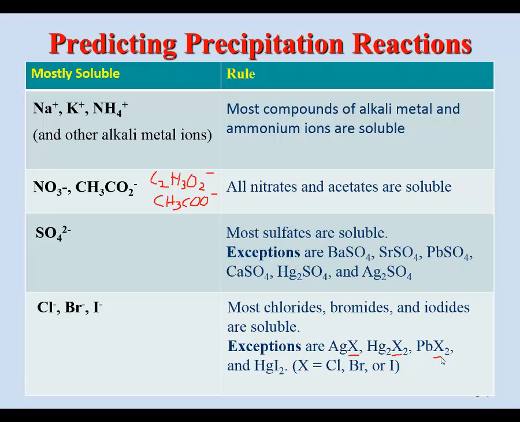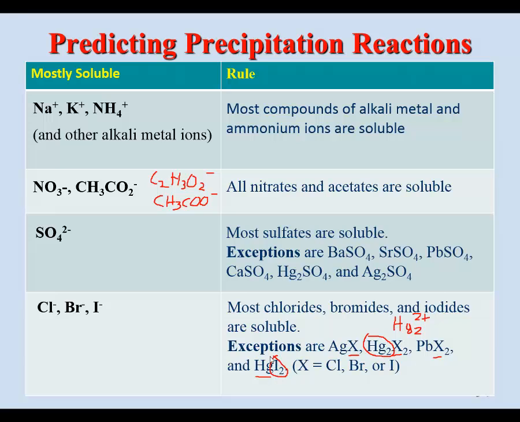They will form precipitates. Now notice the mercury 1 cation, Hg2 2+, will precipitate with any of these halides, chloride, bromide, or iodide. However, mercury 2 we predict to only precipitate with iodide.